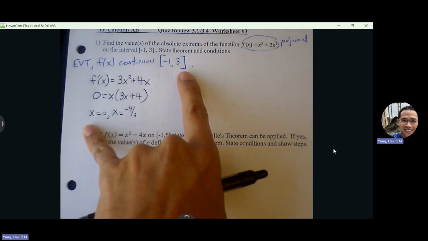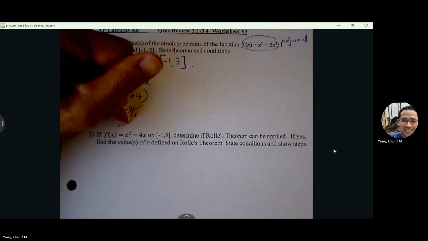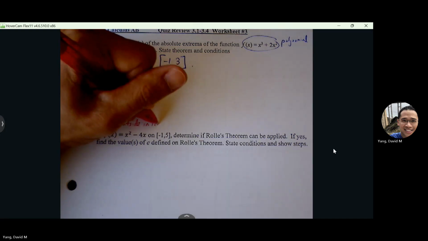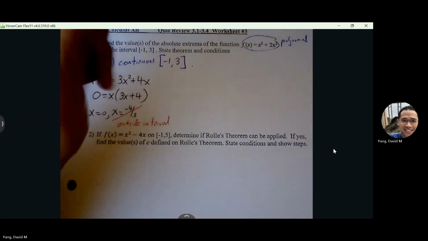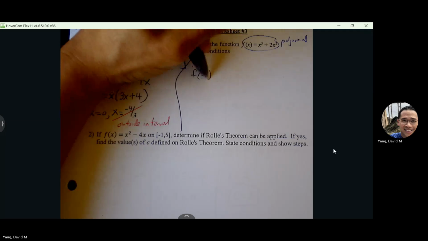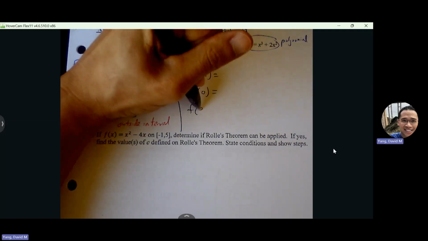So we're going to test 3 candidates, right? They go all back into the original function.